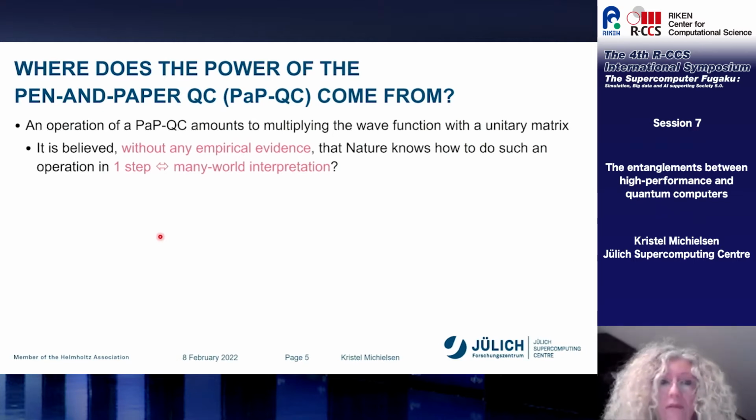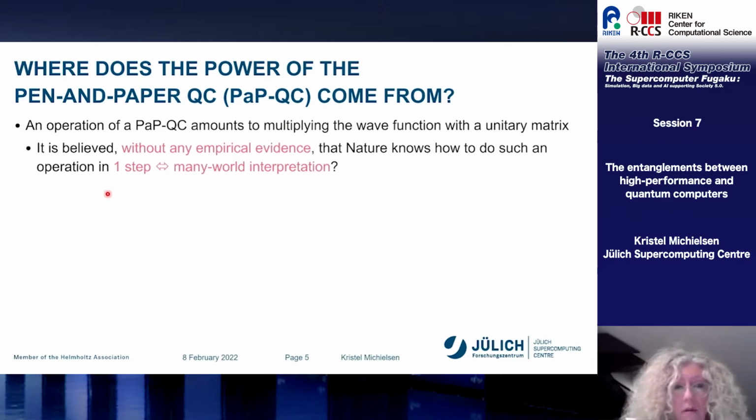If we have an operation of such a quantum computer, then this is nothing else than multiplying the wave function that describes the state of the quantum computer with a unitary matrix. And it's believed, without any empirical evidence, that nature knows how to do this operation in one step.